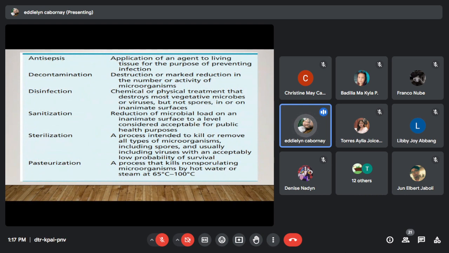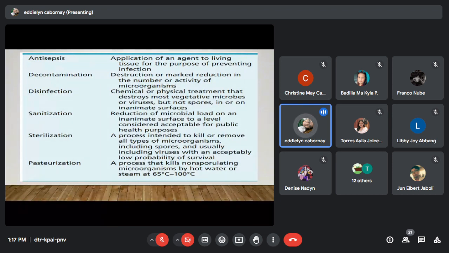So we have antisepsis. The definition of antisepsis is the application of an agent to living tissues for the purpose of preventing infections. We also have decontamination, the destruction or marked reduction in the number or activity of microorganisms. Next is disinfection, a chemical or physical treatment that destroys most vegetative microbes or viruses but not spores in or on inanimate surfaces.